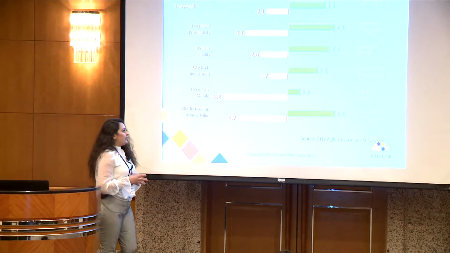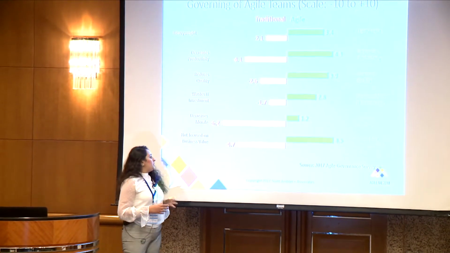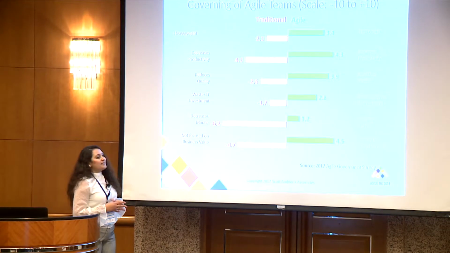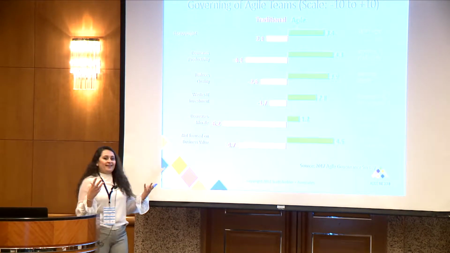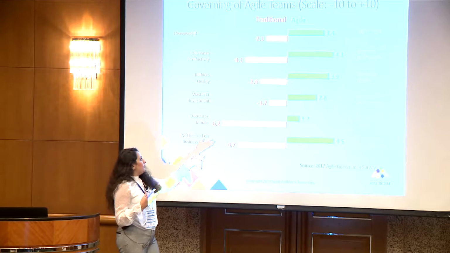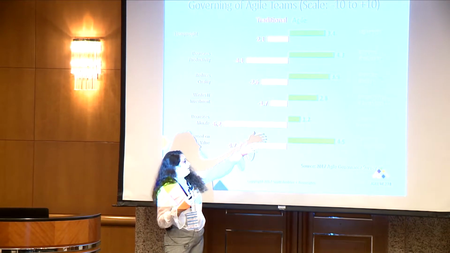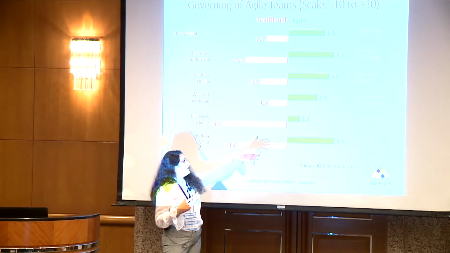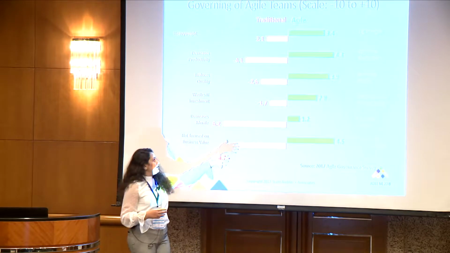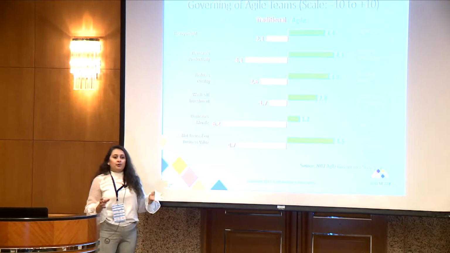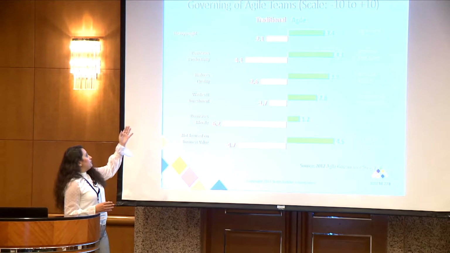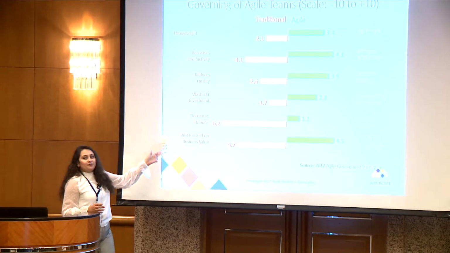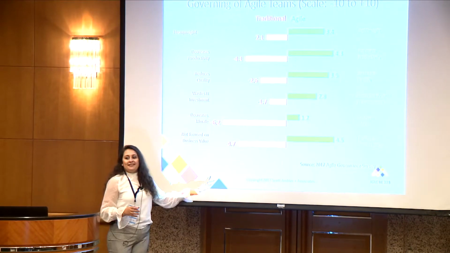This is a survey that is done, and they are asking people whether they agree or strongly agree with the Agile criteria over here: lightweight, improves productivity, increase. While the other group of people working on traditional were given the opposites, and they were asked, do you disagree or strongly disagree with it?